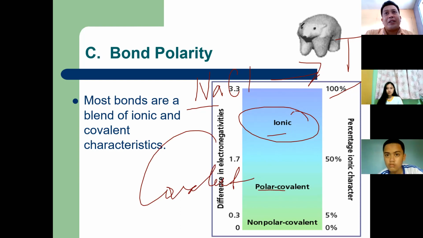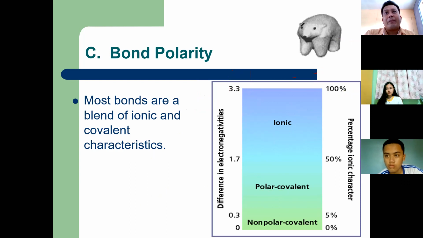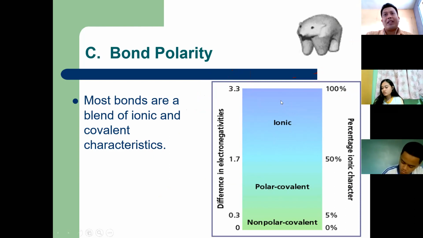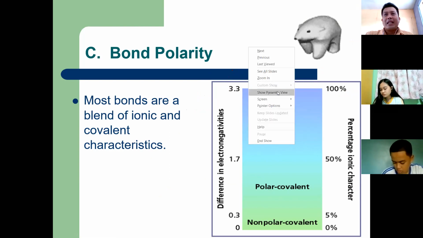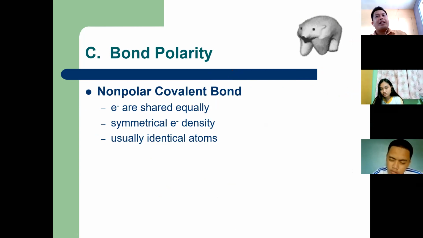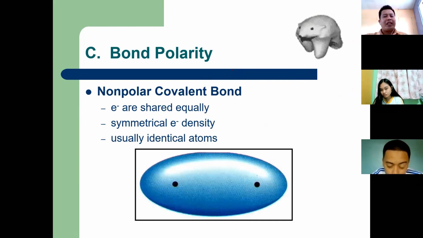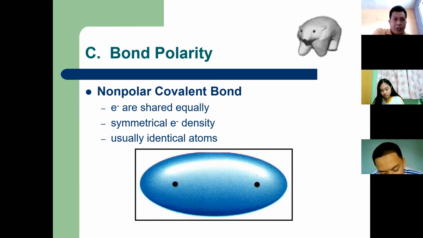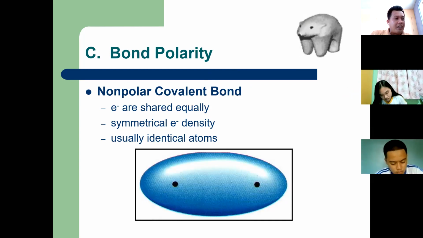First things first, how will you know whether it is polar covalent or non-polar covalent? Subtract the electronegativity. Subtract their electronegativity, class. Electronegativity is how strong your elements are, depending on how many electrons are present in the outermost shell.